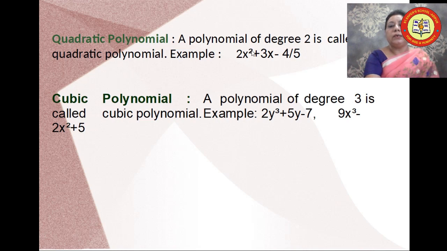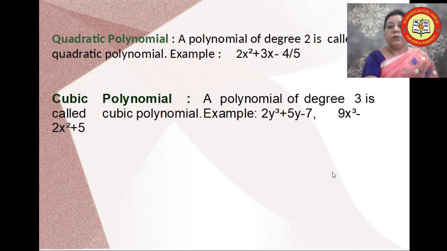Because here you can see the highest degree of all the terms in the polynomial is 2. So it is known as a quadratic polynomial. The next is cubic polynomial. As the term means, cubic means 3. So a polynomial of degree 3 is called a cubic polynomial.